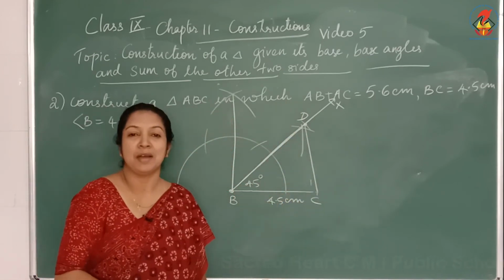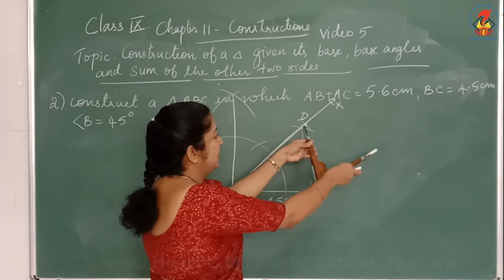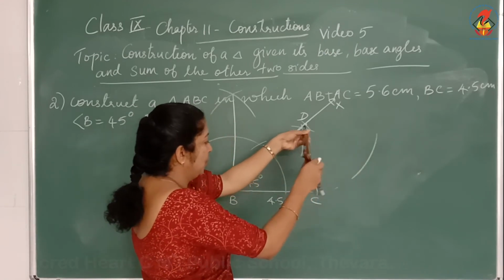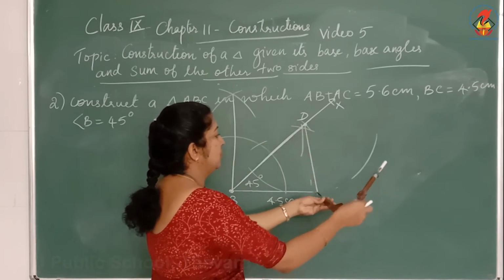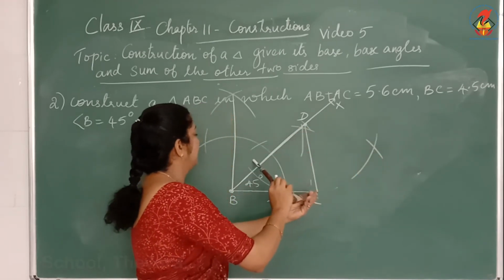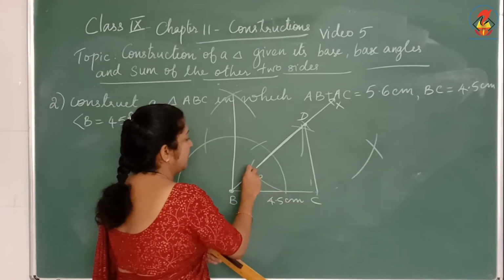Draw the perpendicular bisector of CD. Take more than half of CD and draw arcs from D and 2 arcs from C. Then join these 2 points.